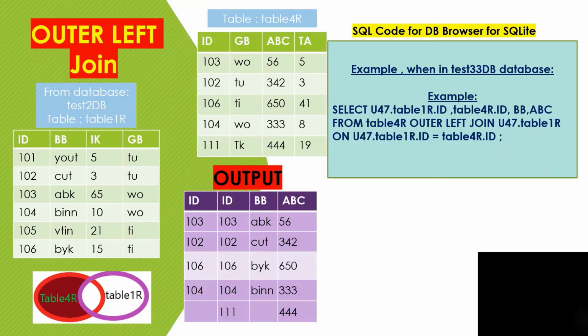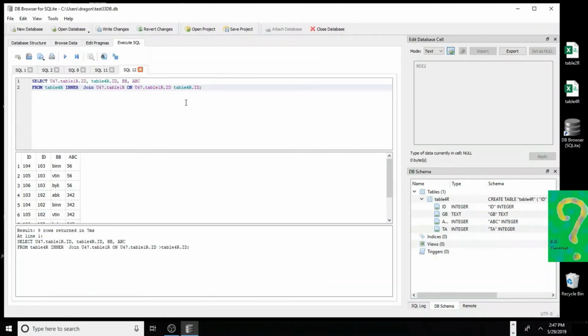Now let's cover outer left join statements. So we just switch this back to equals, and we're just going to switch this over, so we remove the inner and put outer left, and I'm just going to execute that code.